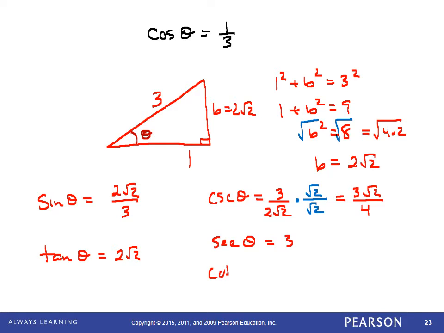All right, and for cotangent, it's going to be, by definition here, adjacent over opposite. And again, same thing that we had for cosecant here, is multiplying through by a square root of 2 both top and bottom, and we wind up with a square root of 2 over 4 as our final answer.